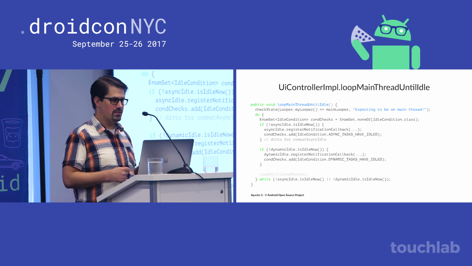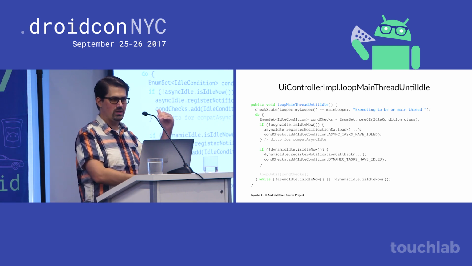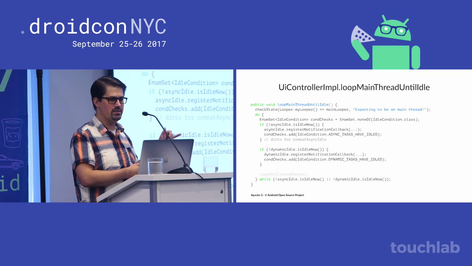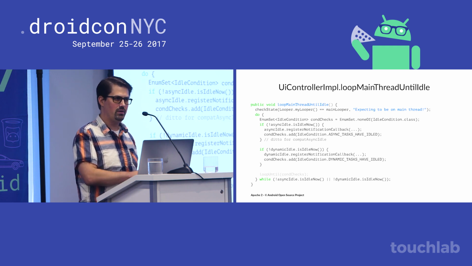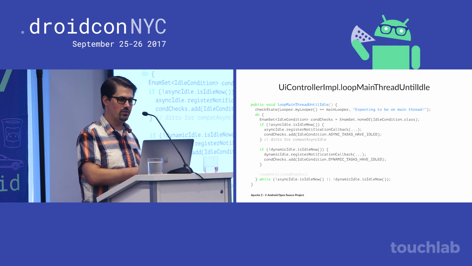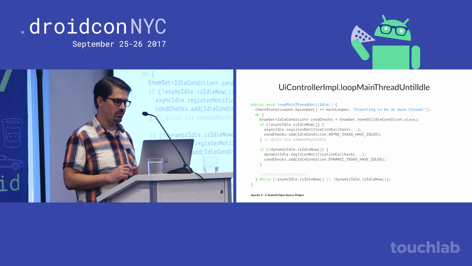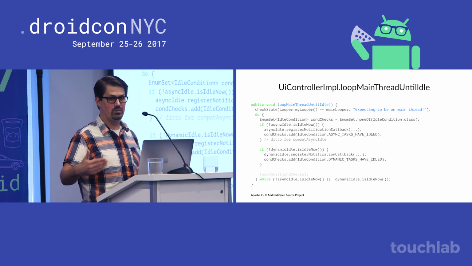The next thing is dynamic idle, which is also an idle notifier, but it's a wrapper around your whole list of idling resources. So when it calls dynamic idle, is idle now, it's checking through all of your defined idling resources to see if all of them are idle, or at least one of them is not idle. And then it'll say, nope, they're not idle now, if even one of them is not idle. And so if they're not idle, then it needs to wait for that condition to be true.